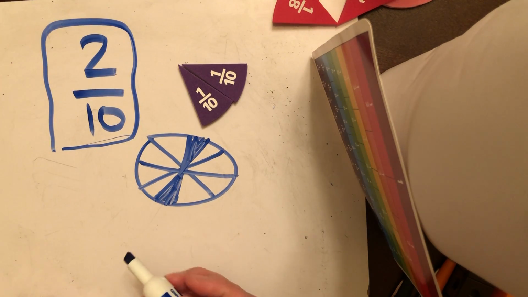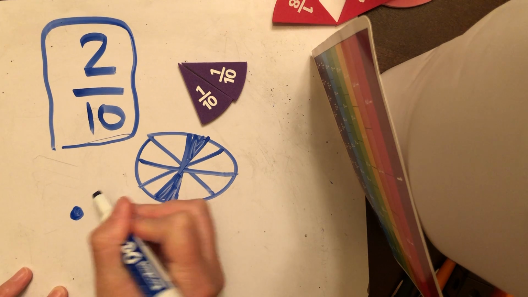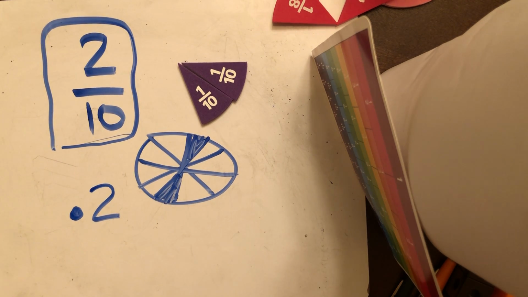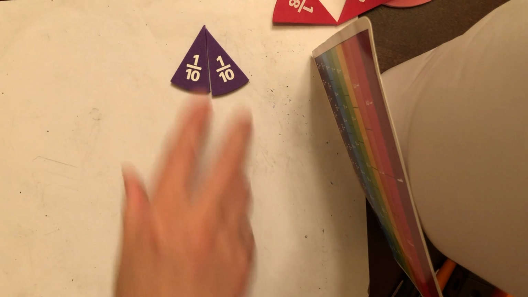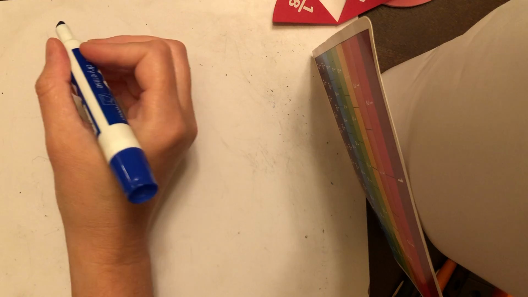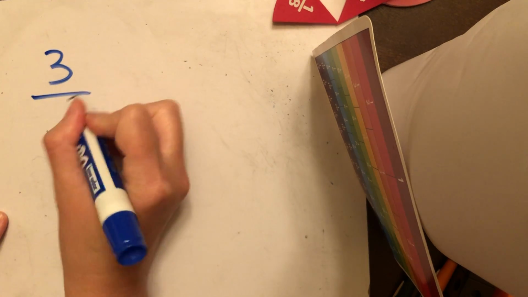How would you write this as a decimal? Decimal 0.2. That's 2/10. Means the same thing as that. Okay. Let's do a couple. Have a Singapore math book. I love Singapore math. What if we had this fraction?